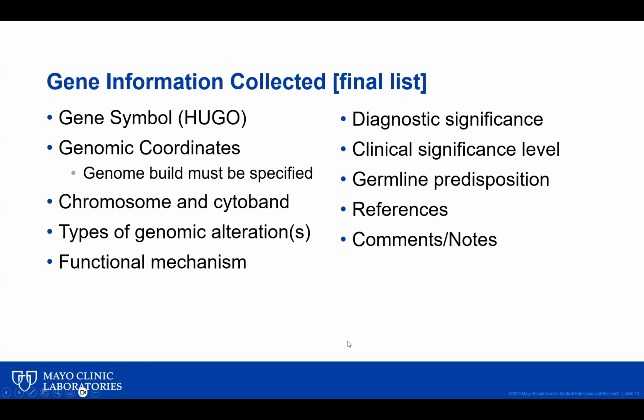This is important. The types of genomic alterations, which might include a gene fusion, structural variant, copy number deletion or gain, as well as single nucleotide variants or expression, would fit into the types of genomic alterations.